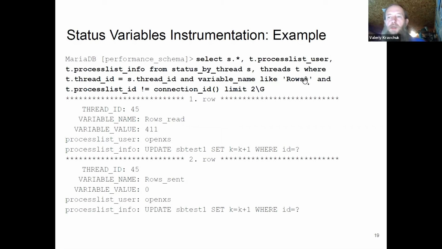And I am also checking for specific status variables like rows read and rows sent. Why not? I can do it for other sessions. I can do it for sysbench sessions at runtime. I think it's great. We can find out the number of individual operations a specific thread is performing. So we can verify our assumption about who made the biggest impact, who does the most of the job of a specific kind. It's really useful.